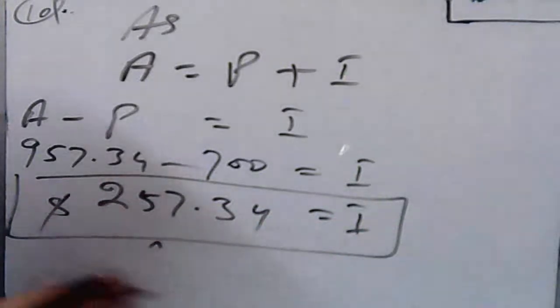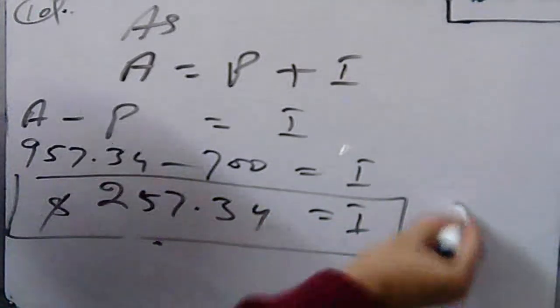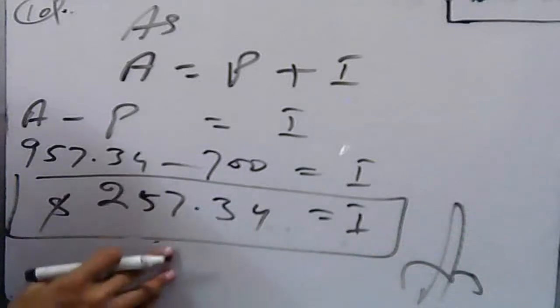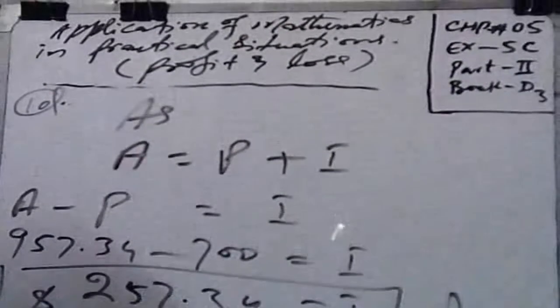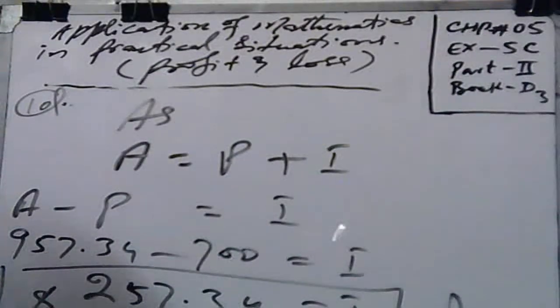Now another part, C part, that is $5,000 for 2 years, time period 2 years, and rate of interest 11 whole 3 by 4%, which can be written as 47 by 4%.